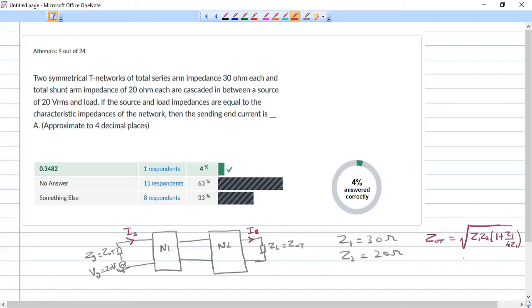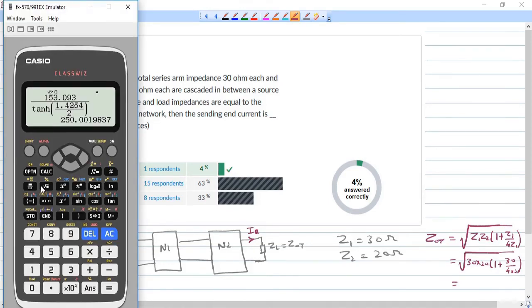So that will be equal to the square root of 30 into 20 into 1 plus 30 by 4 times 20.